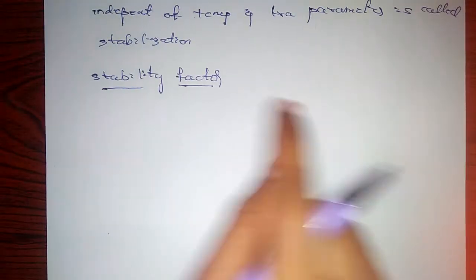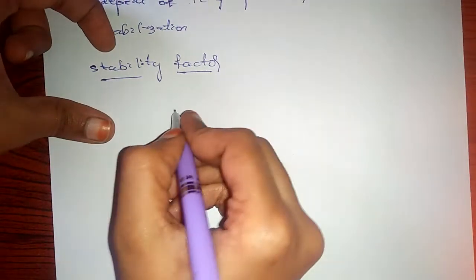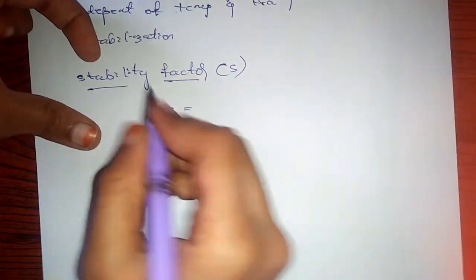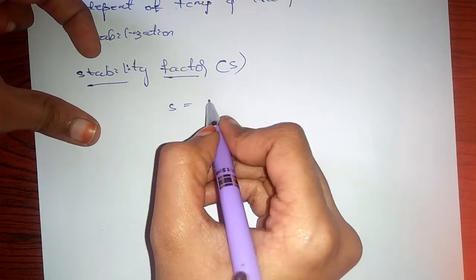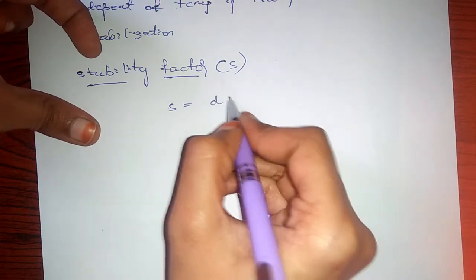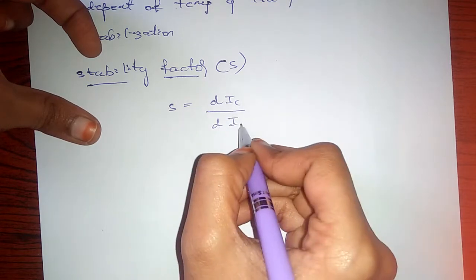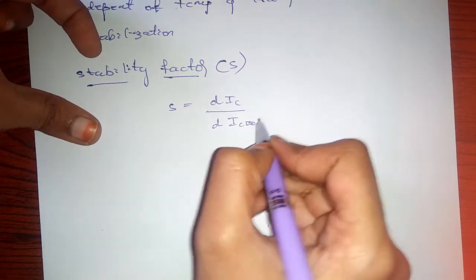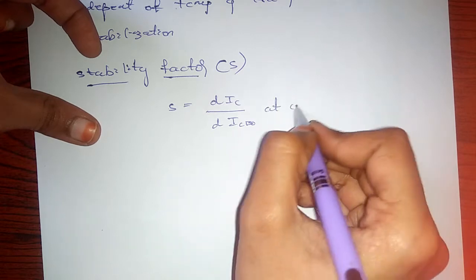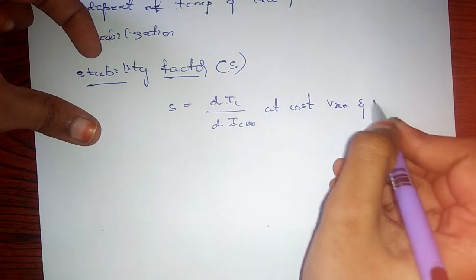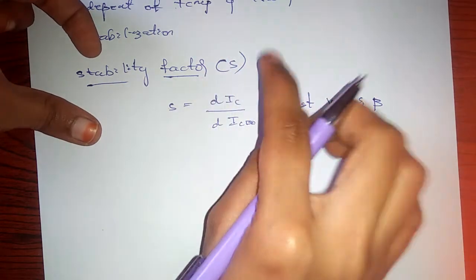This is the stability factor, indicated with S. So the rate of change of IC with respect to the rate of change of ICBO, the leakage current, at constant VBE and beta, is the stability factor.